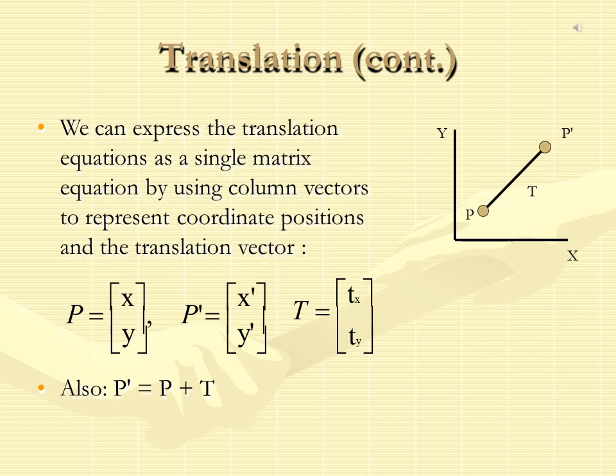The pair of tx and ty is called the translation vector or the shift vector. The above equations can also be represented using column vectors. So P is equal to x, y and P dash is equal to x dash, y dash and T is equal to tx, ty. So we can write P dash is equal to P plus T.